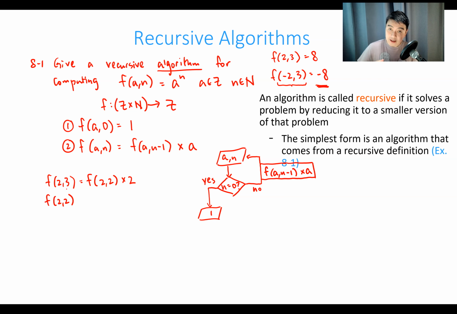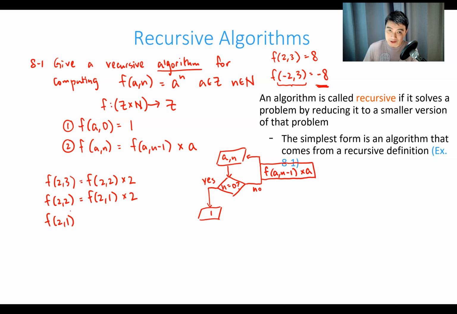So I'm going to put this f of 2, 3 problem aside, and I'm going to concentrate my focus on solving f of 2, 2. So f of 2, 2 is f of 2, 1 times 2. And now, once again, I'm going to put that aside, and now I'm going to put my focus on solving f of 2, 1.